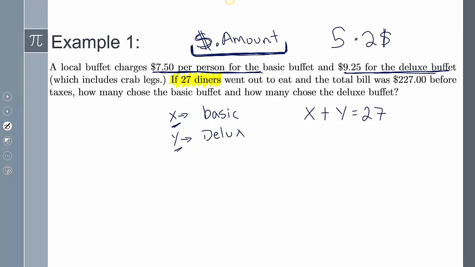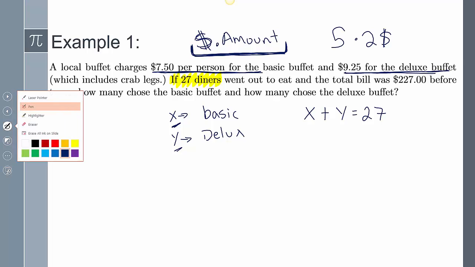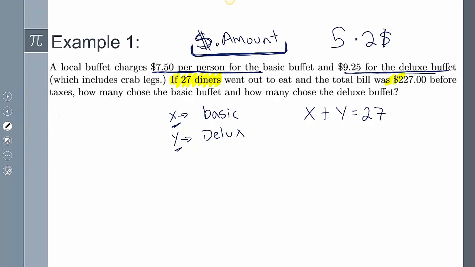Now the next relationship is talking about money. $227. Well, how do I get that $227? That was the total of the bill. So I have to start creating this amount relationship that I said we need to establish here.